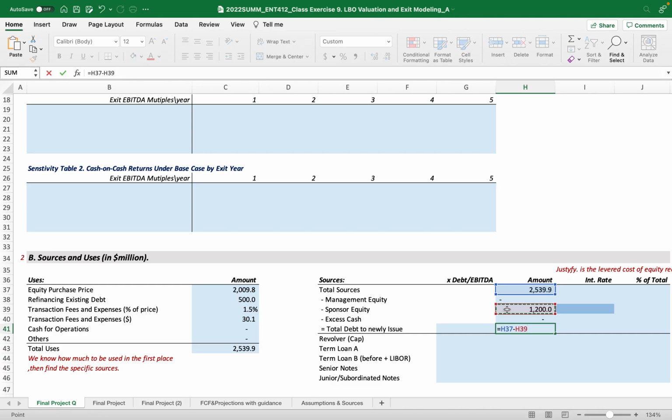Sponsor equity. Now we have $1,339,000,000 as the new debt amount, right?